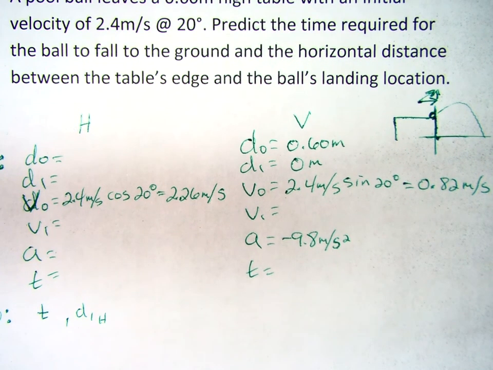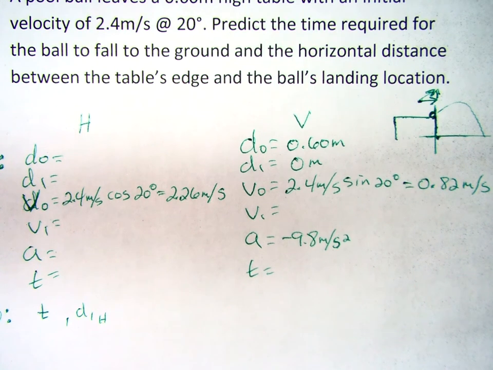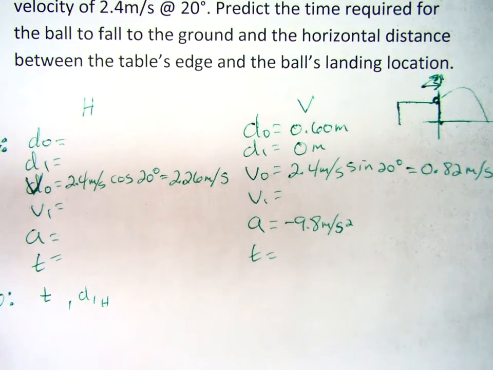The force of gravity pulls down, and so the direction of the acceleration has to be the direction of the net force. And so the net force is down, it's negative, therefore the acceleration due to that force also has to be negative. Okay.